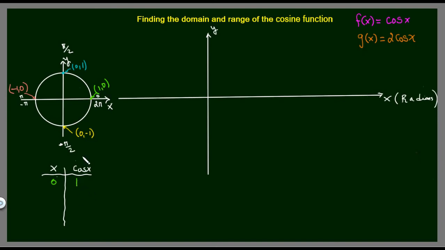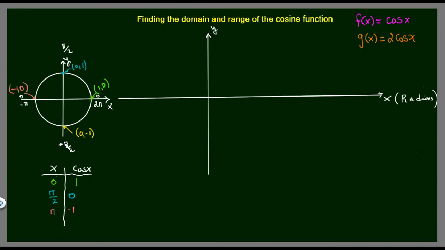Now, when you move along the circle and stop at pi over 2, the value of x is 0, okay? So we write here the cosine of pi over 2 is equal to 0, right? And we'll continue moving and stop at pi, and the cosine will be minus 1.